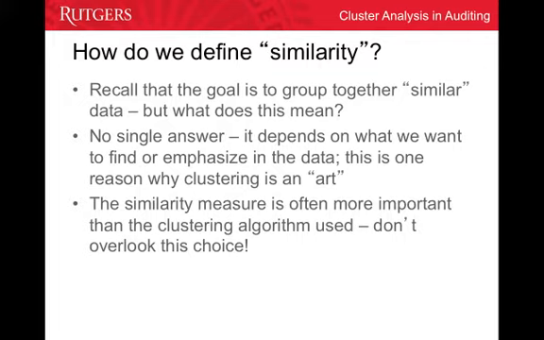And sometimes instead of talking about similarity measures, we equivalently refer to dissimilarity measures, that is, how we could define the dissimilarity of the objects. As I said, the choice of the similarity or dissimilarity measure very much depends on the data type.